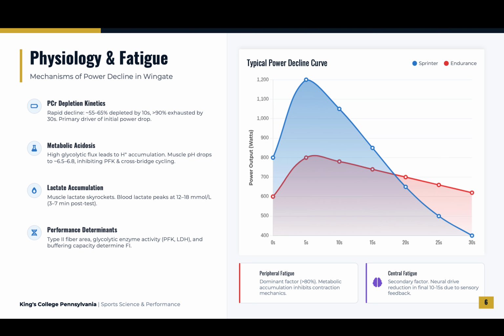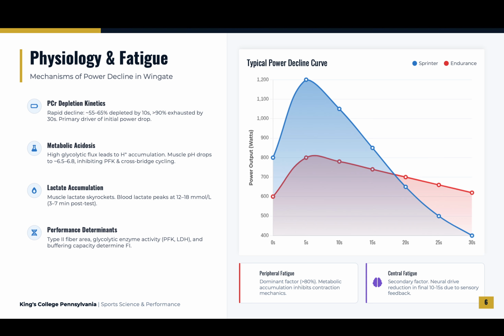Muscle pH drops to 6.5 to 6.8, inhibiting PFK and cross-bridge cycling. Then lactate accumulation: muscle lactate skyrockets, and blood lactate peaks, as we said, at around 12 to 18 mmol/L, 3 to 7 minutes post-test.